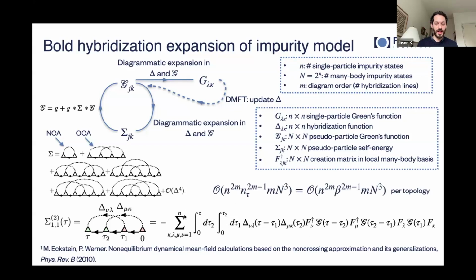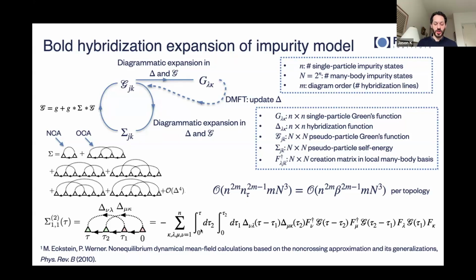So now let's talk computational complexity. Suppose we wanted to evaluate this diagram directly. Little m is the number of hybridization lines appearing in these diagrams, and capital N is the number of impurity states. At mth order, we get an N to the 2m scaling from this sum, since we have 2m impurity state indices to sum over.